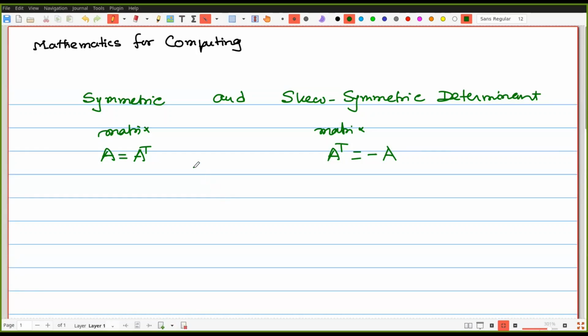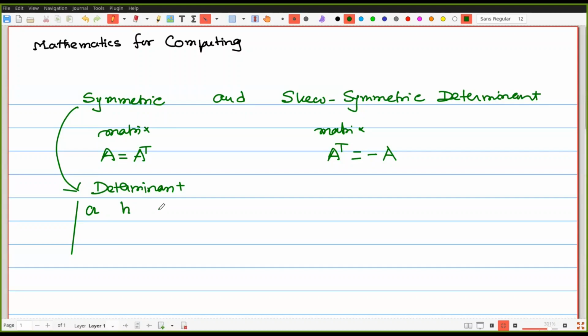Now, in the case of a symmetric determinant, it is the same thing. When there is a determinant, if we transpose it, we get the same determinant. That means the value of the determinant must be the same, and the elements according to row and column must also be the same.